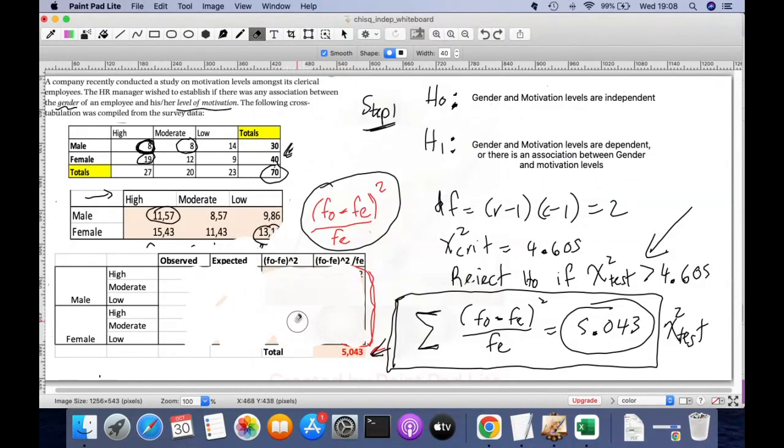They will tell you to complete the values in the table in order to get the chi-squared test value. Does that make sense? Generally, they give you the layout to make the marking easier, because some people will put female first and then male second, and so the order is different. So to keep it consistent, we will generally provide how you should structure your table, but you just need to complete the values in the table.